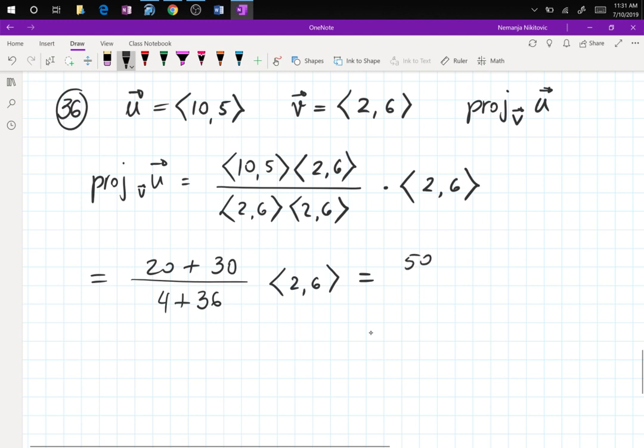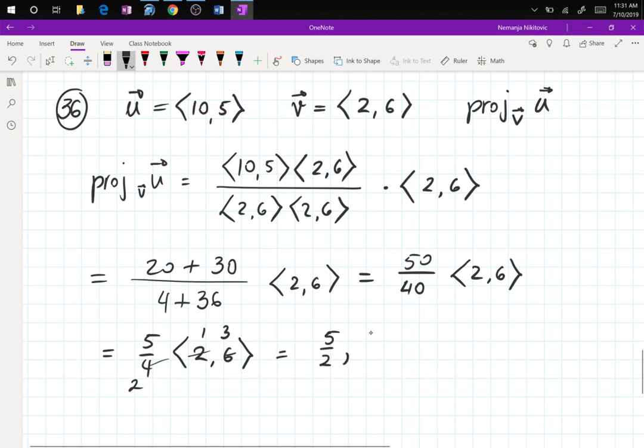This is 50 divided by 40 dot 2, 6, which is 5/4 dotted into 2, 6. Now you can cancel by 2, get 2, 1, and 3, and the whole thing is going to be 5/2 and 15/2. And it's a vector, so you have to have the angle brackets.